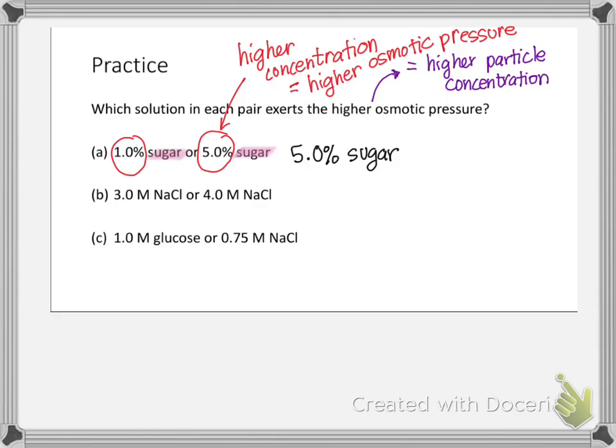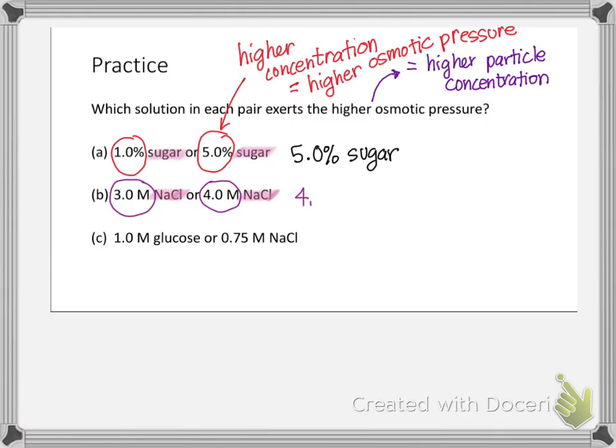If I look at the next example, this also is sodium chloride and sodium chloride. Again, in that situation, if you have the same chemical on both sides of the membrane, all you have to do is look at their concentrations. So I have a 3 and a 4, and the higher concentration always has the higher osmotic pressure. That's the direction the water would flow.